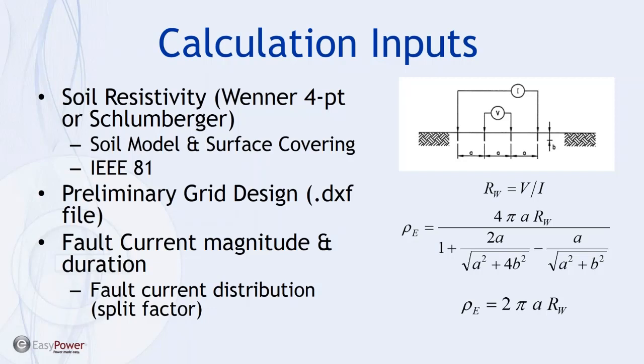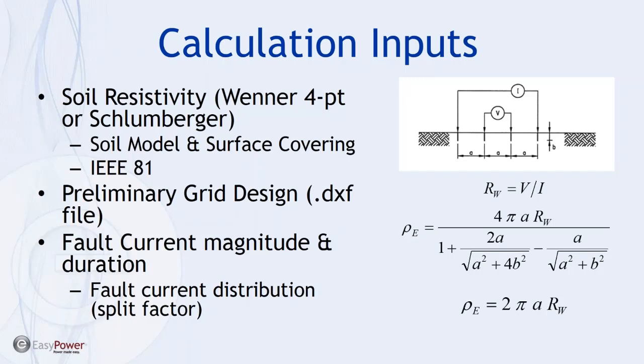Arguably the most important input would be the soil model, because it's the basis for the whole design. You can have exactly the same grid design and exactly the same fault current, but your soil model is going to determine whether or not that grid design is safe with that fault current.